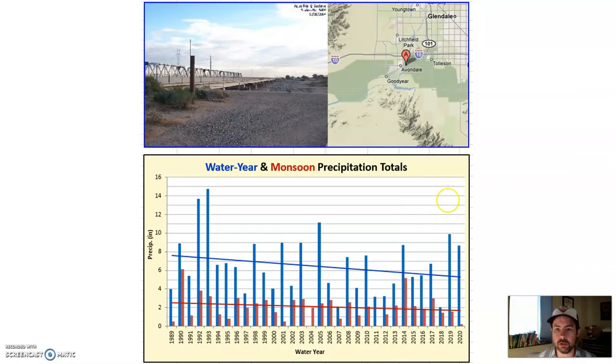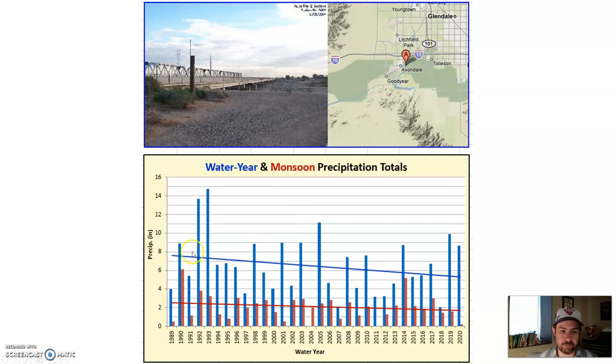If we look overall at precipitation, this is just south of us, down near the river regions, south of Estrella Mountain, which is Estrella Mountain Community College, right about here.